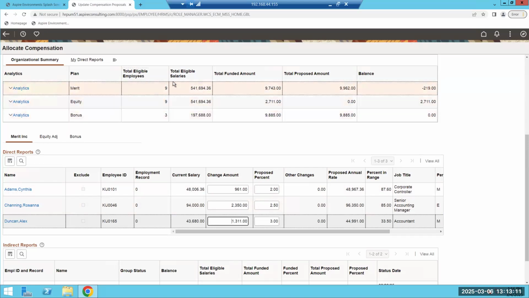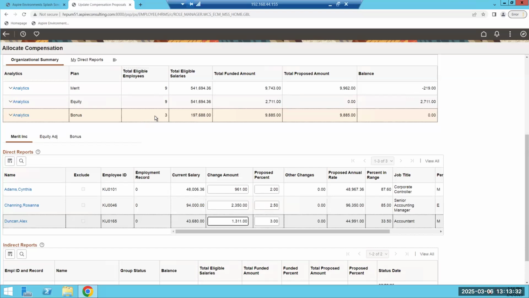So in our totals, we see the number of eligible employees. For our demonstration here, I specifically set up where the bonus was only eligible for a subset of the population, just so we could see what happens when you don't have a complete one-to-one alignment on this.